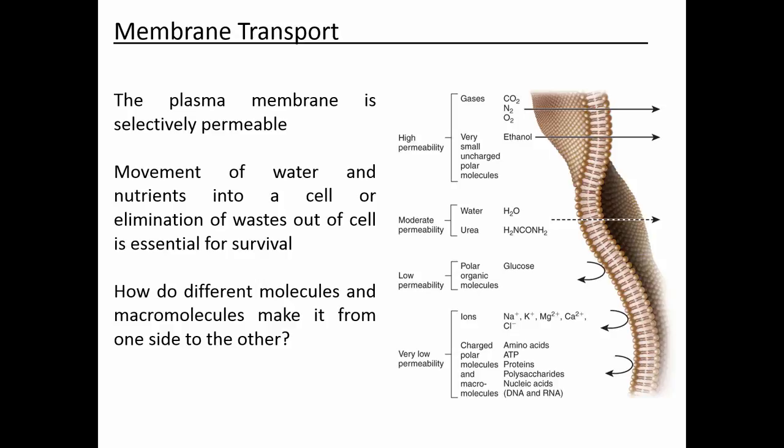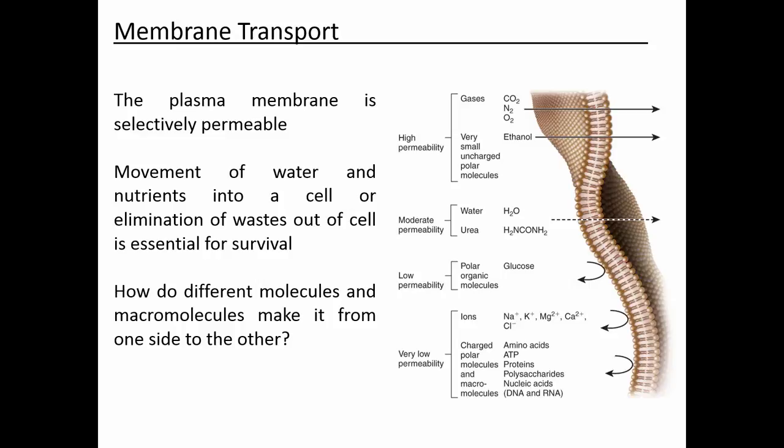If you only had a phospholipid bilayer, it's very easy for things like carbon dioxide, nitrogen, and oxygen to pass through without any assistance. But it's harder for molecules like water and urea, and then it's practically impossible for the rest.